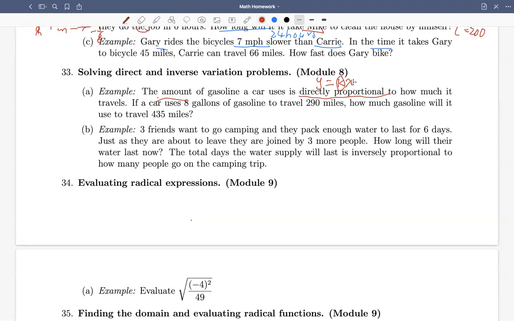Versus later on, probably we're going to see something called inverse proportional or inverse variation. That means x times y equals k, or y equals k divided by x. So maybe this one makes more sense, right?